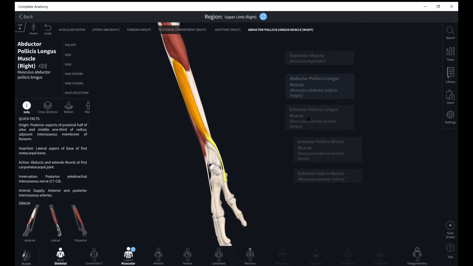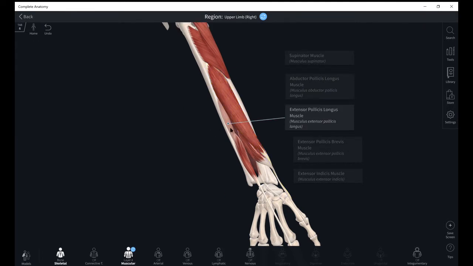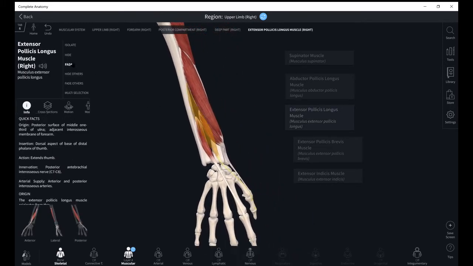We will move to the extensor pollicis longus. All right, and I've got it faded at the moment. Let me bring that there. So extensor pollicis longus, its origin, the posterior surface of the middle third of the ulna and the adjacent interosseous membrane of the forearm.